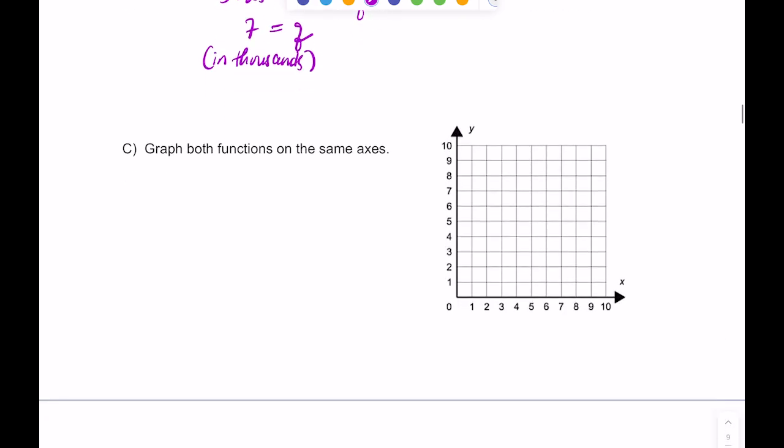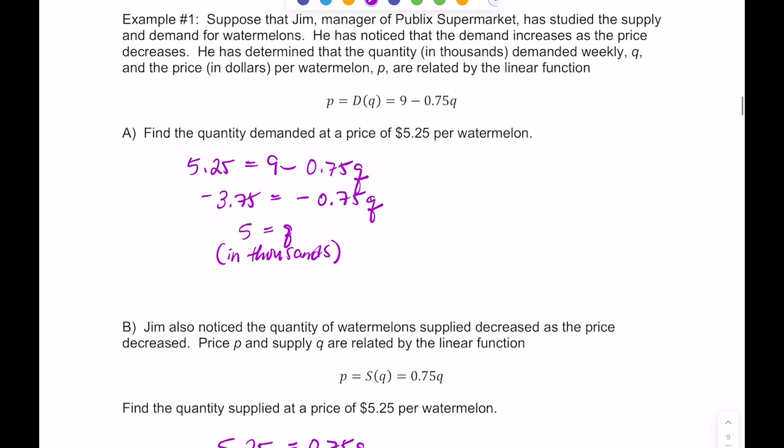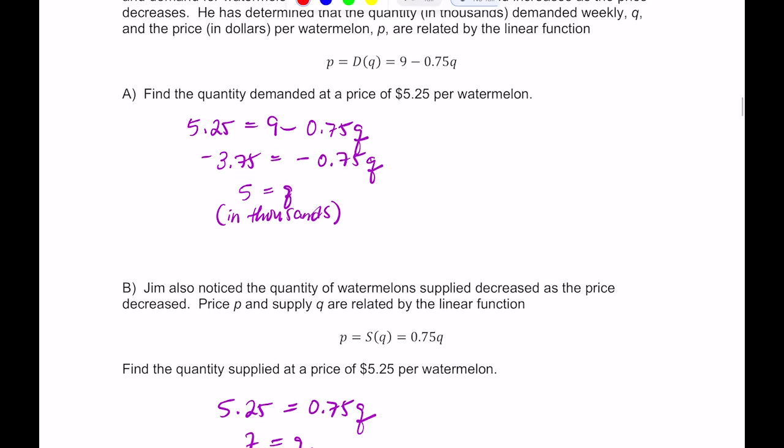Okay, let's graph both of the functions and see what happens here. So we know that for that first function, from question A, that was P equals 9 minus 0.75 Q. We know that one of our ordered pairs was 5 and 5.25, right?